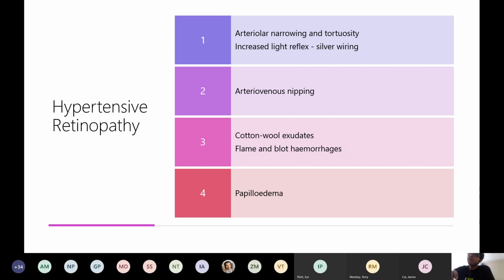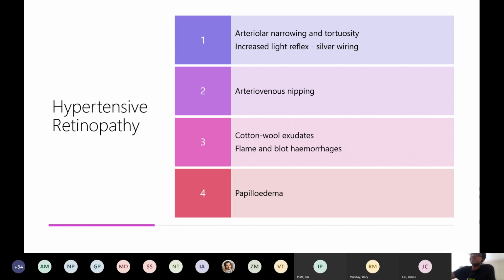If you have papilledema without the other signs of hypertensive retinopathy, what are you thinking about? Yeah, so for those of you that love ophthal, acute glaucoma, but you don't need to know that much about it. More importantly, raised intracranial pressure can cause papilledema, and you should always think about raised ICP when you see papilledema.